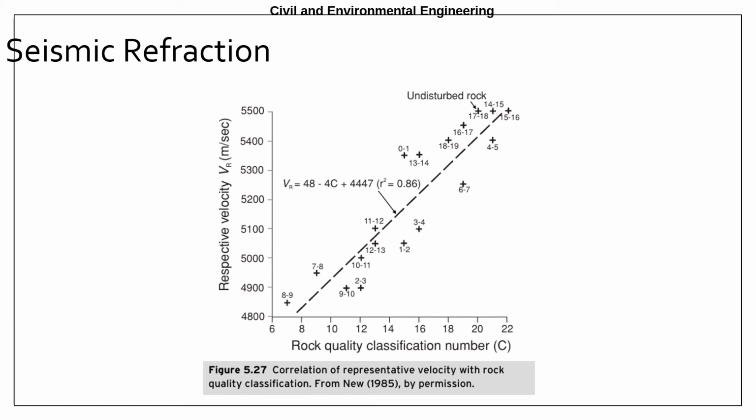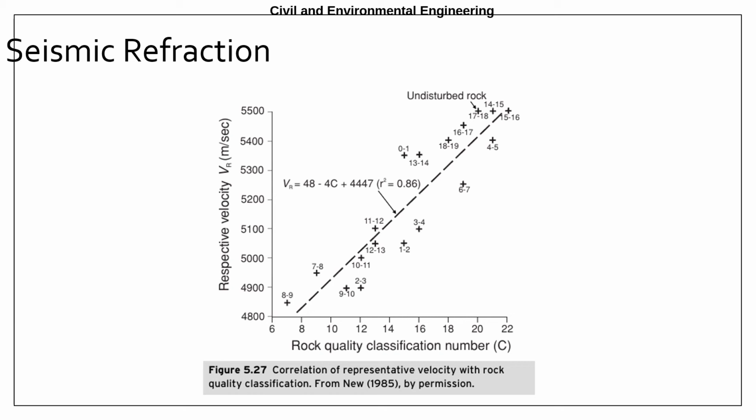The primary output you get in seismic refraction is the primary wave velocity, or the VP. And primary wave velocity is correlatable with properties of rock or soil that are related to density. One of those is the quality of rock.